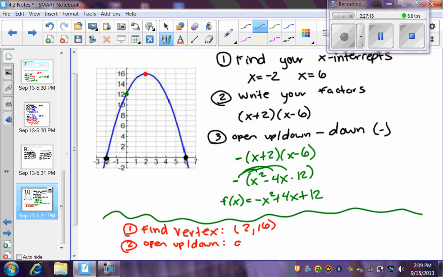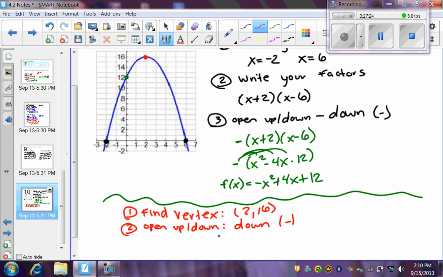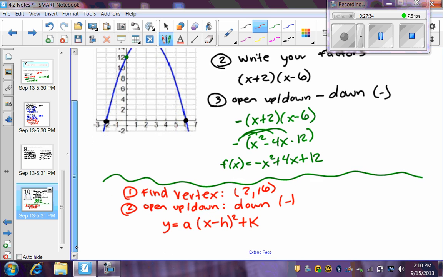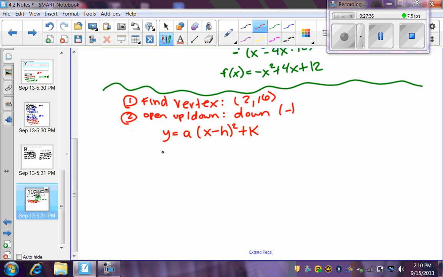In this case, we know that it opens down, so we know there needs to be a negative out front. So since we're using the vertex, we know to write our equation in the vertex form, which is y equals a parentheses x minus h squared plus k. So this would give us y equals, we know that a is a negative, the h is 2, and k is 16.